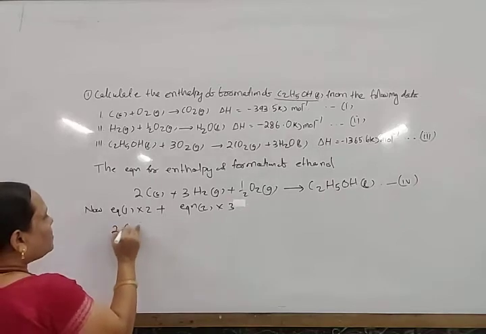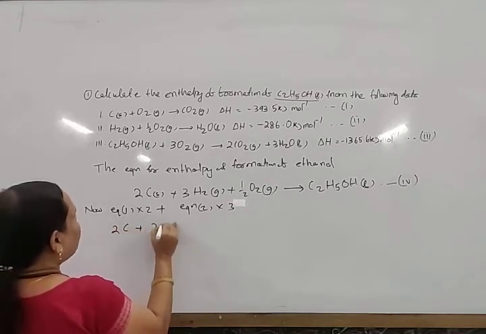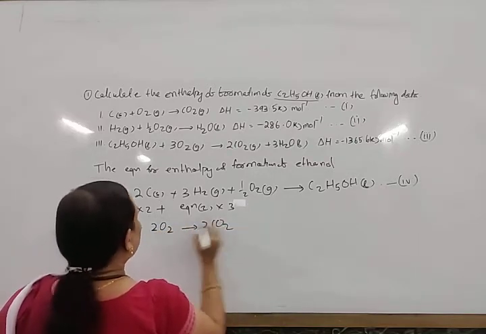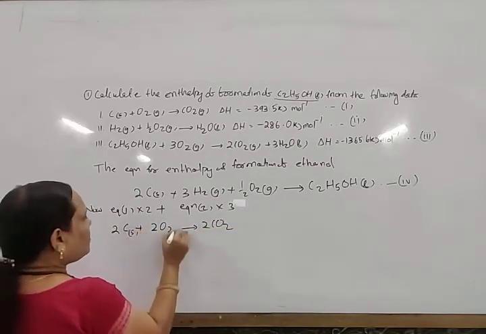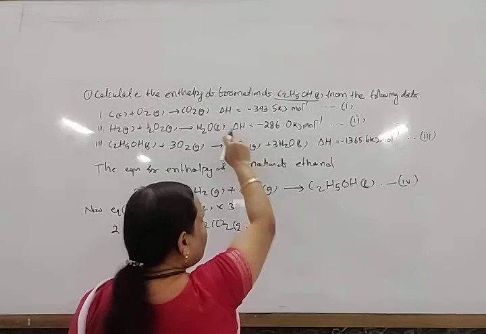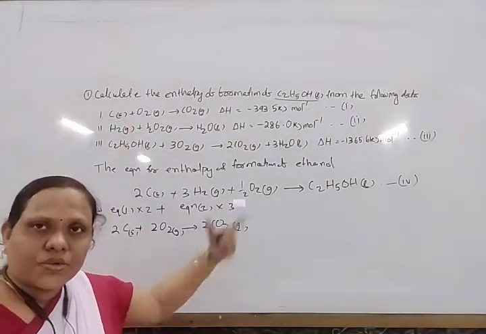So 2C plus 2O2 give rise to 2CO2. This is solid form, gaseous form. And if the equation is multiplied, then the energy change also doubles.